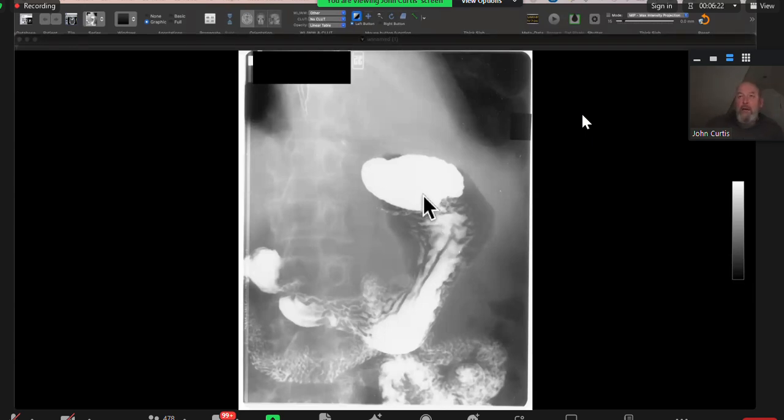Yeah, the gastrointestinal tract is completely normal. Okay. So what's the cause of this patient's weight loss and loss of appetite? Look above the diaphragm.